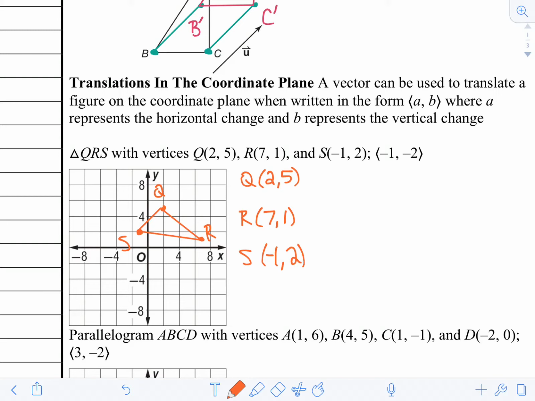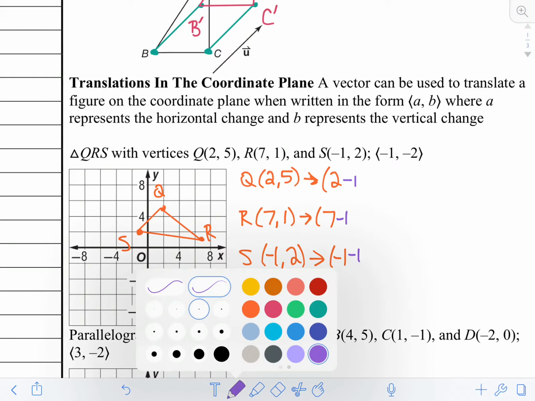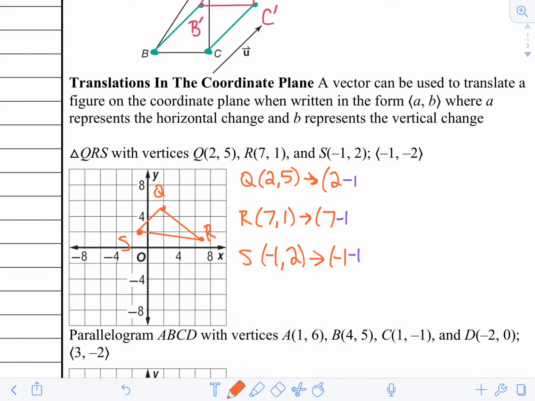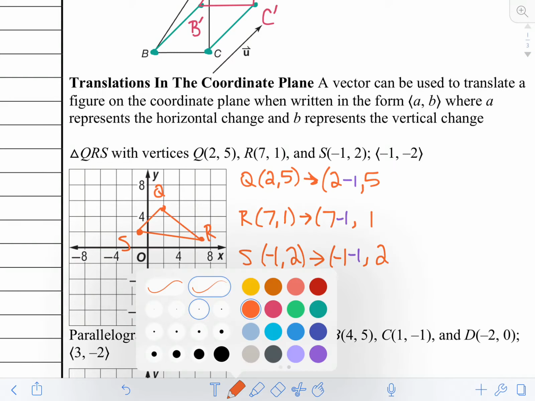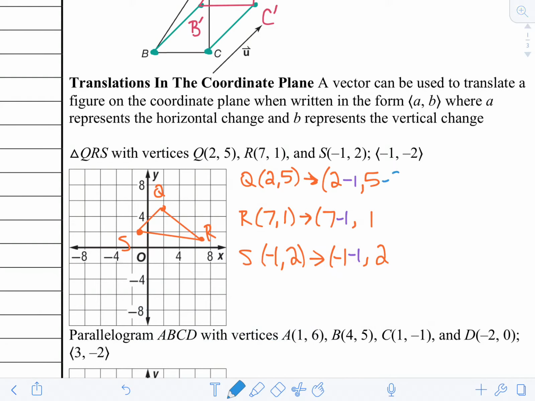What this vector tells us is that we are going to subtract 1 from the x and subtract 2 from the y. I'm going to rewrite the x's: 2, 7, -1, subtracting 1 from our x. Then the y's: 5, 1, 2, subtracting 2 from the y's.